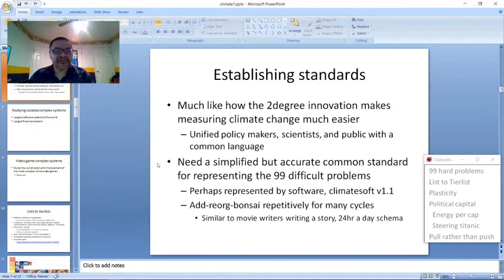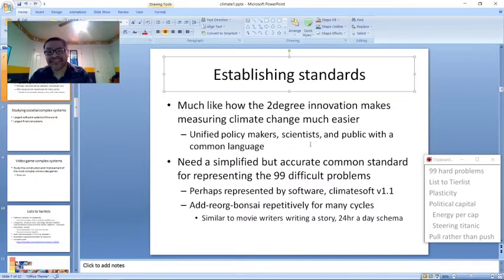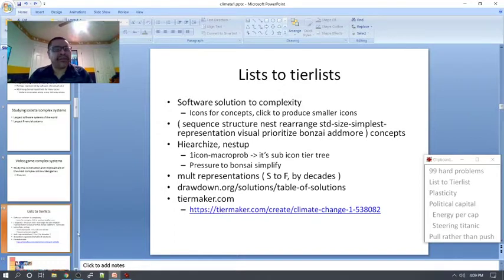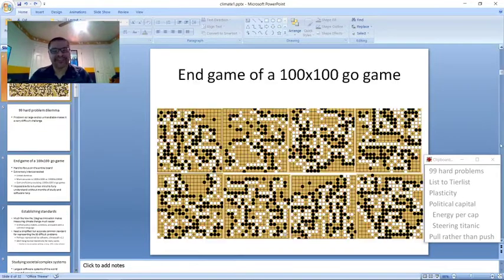One possible innovation that's sort of like the 2-degree innovation is this: tier lists. How can we use software to simplify, and not only simplify but just improve and make sense out of this hodgepodge of a situation?